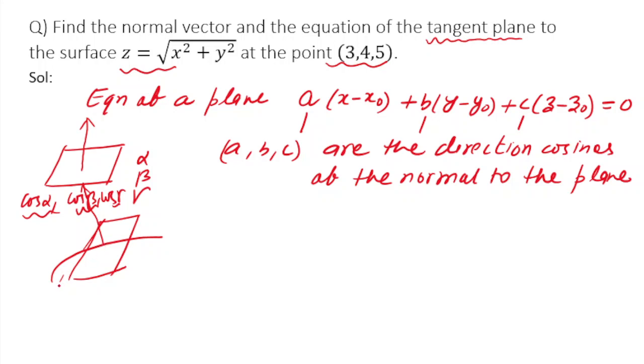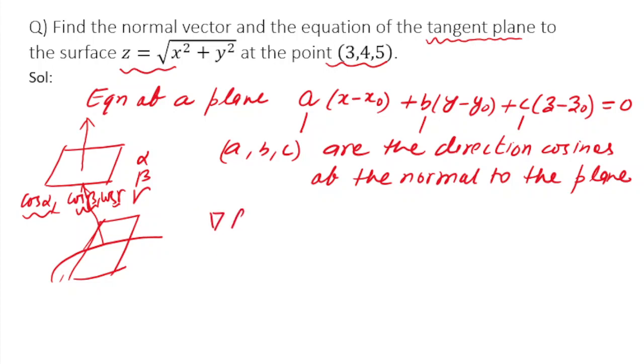Did you understand this? Suppose you have drawn a tangent plane. If you draw the normal on the tangent plane, that will also be the normal to the surface. So the first thing I am going to do is find the normal to the surface.